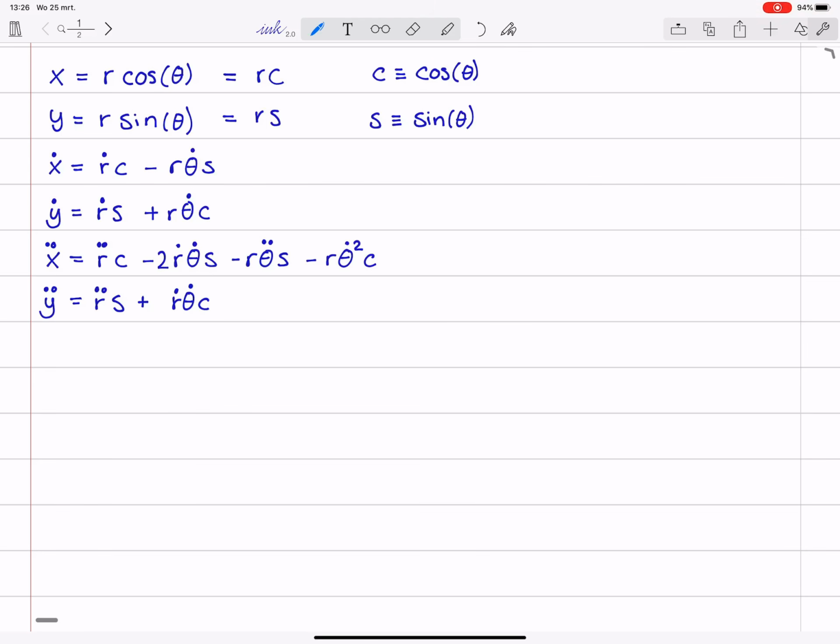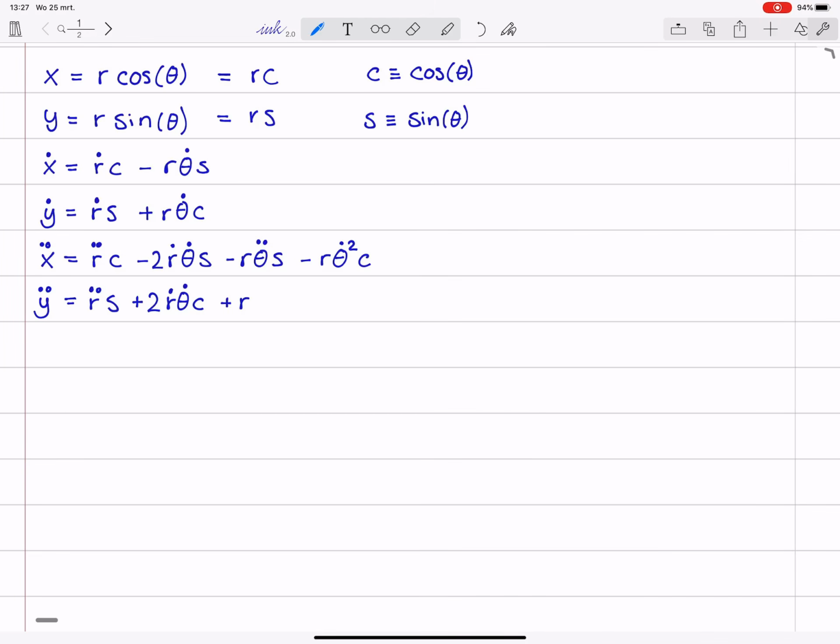And then we move on to the second term, and if we differentiate the r, we get r dot theta dot cosine, which is exactly what we already have. I put a 2 in front. And then we have plus r theta double dot times the cosine. And then finally the derivative of the cosine is minus r theta dot squared times the sine. So we see 4 terms.